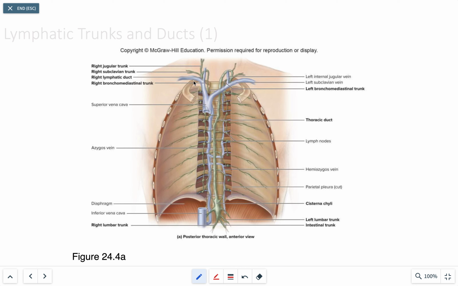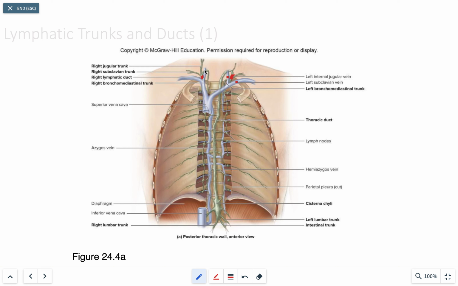Here, the right lymphatic duct, located right here, is deep to the clavicle. It's going to return lymph at the junction of the right subclavian and internal jugular veins. You can see on this side we have the left internal jugular vein. Here we have the left subclavian vein, and then right in between, if this was on the right side, this would be where it's located.